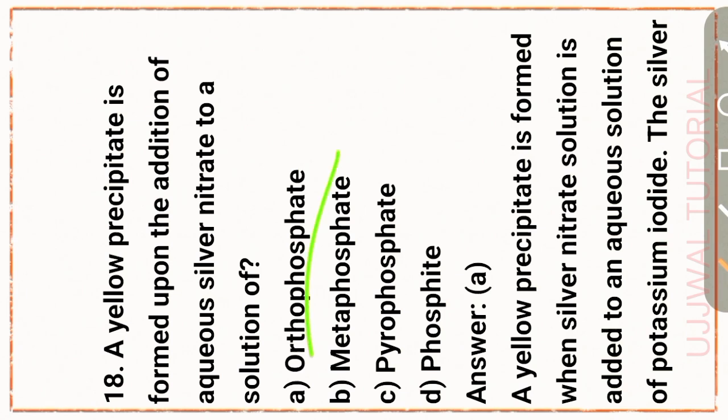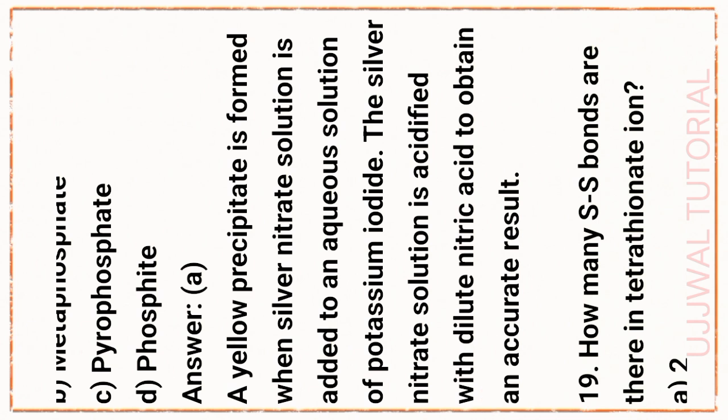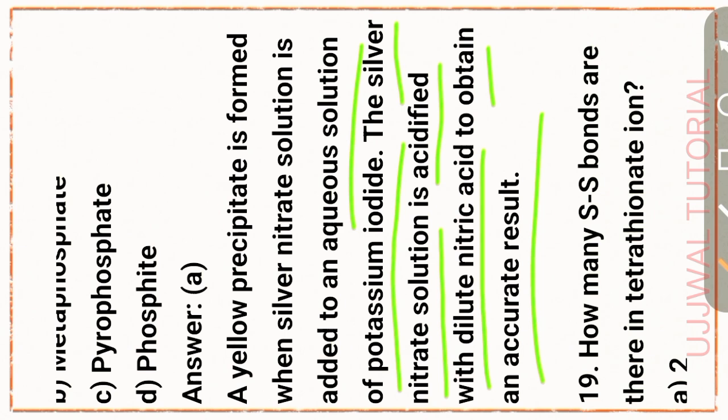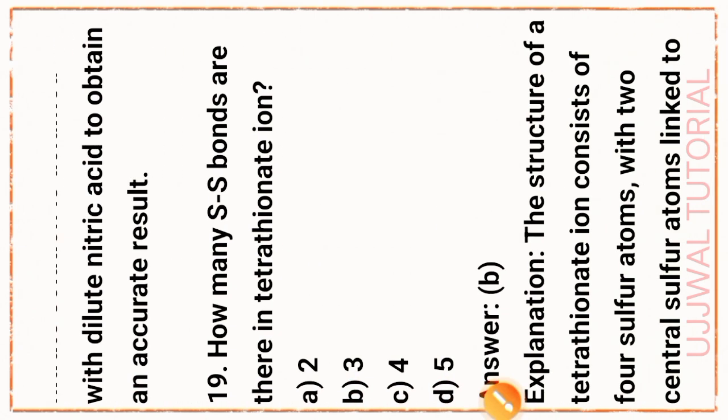Okay, to explain this part, a yellow precipitate is formed when silver nitrate solution is added to an aqueous solution of potassium iodide. The silver nitrate solution is acidified with dilute nitric acid to obtain an accurate result. Okay.